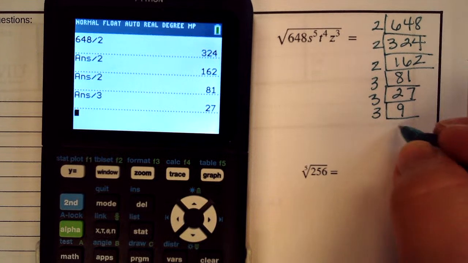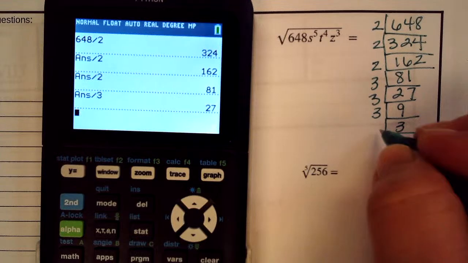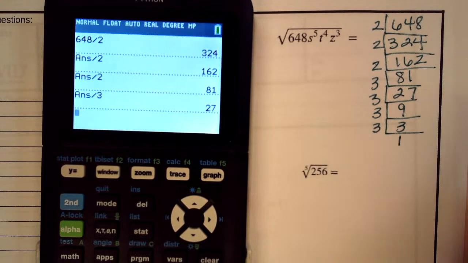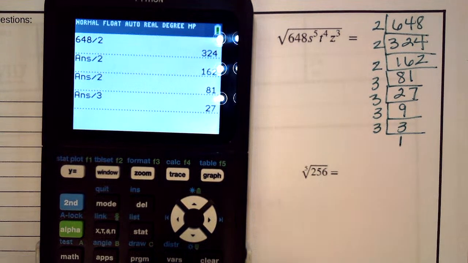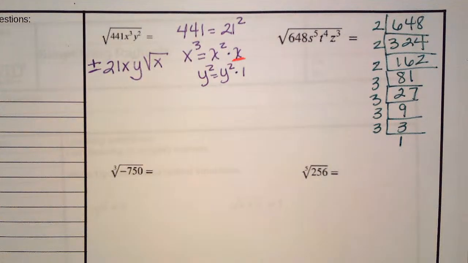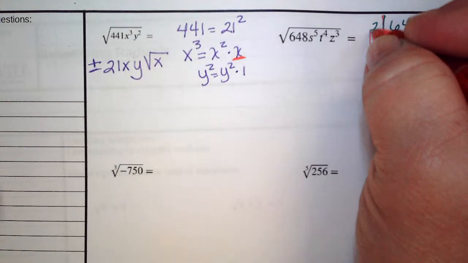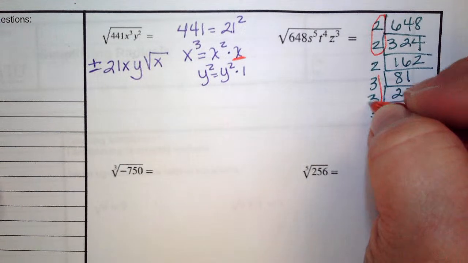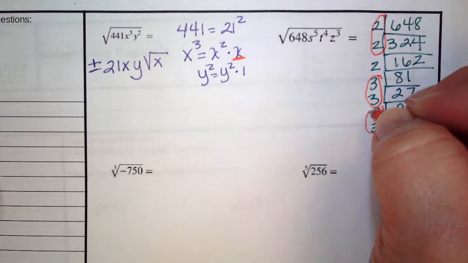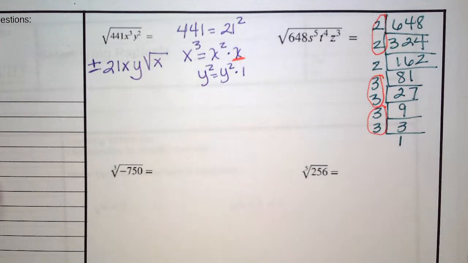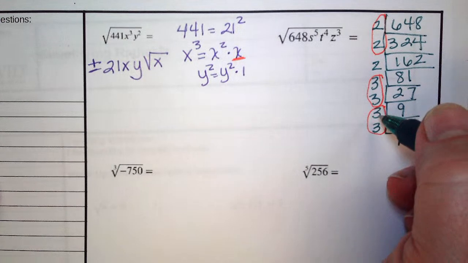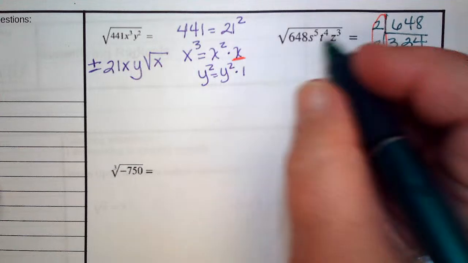Divided by 3, I get 3. 3 is prime. Divide by 3, 1, and you're done. So as I'm looking at this, I'm looking for my pairs. I've got a pair of 2s. I've got a pair of 3s, another pair of 3s. So this is going to be 2 times 3 times 3.